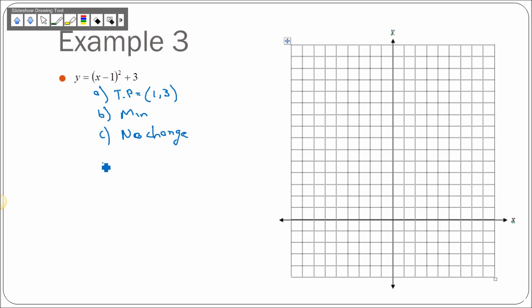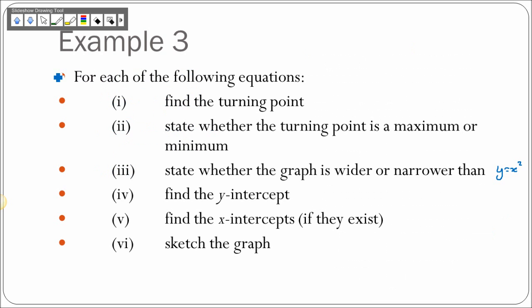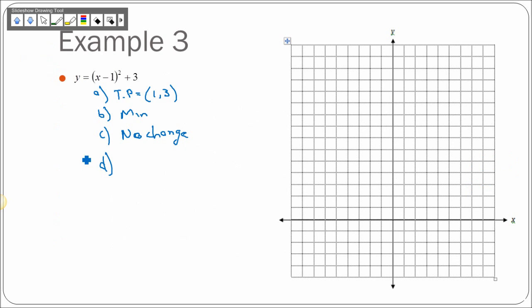Okay, let's have a look at D. What's the next thing that we had to do? Find the y-intercept and the x-intercept. Let's do that all in one go. Remember, from the last one, we just set up our table and we do our x equals 0 and our y equals 0.